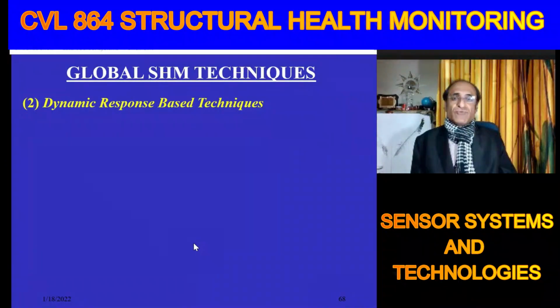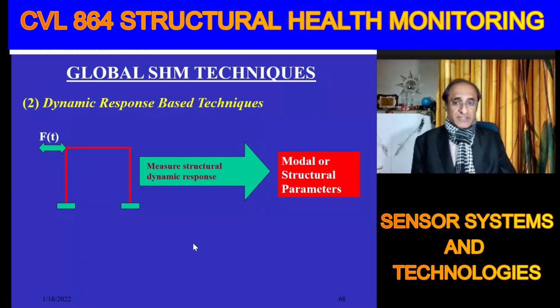Similarly we have dynamic response techniques. These are easy, because to make something vibrate you don't need a very high force. For example, if you are walking on a pedestrian bridge, like a foot crossover bridge, just jump on top of it and you will make the structure vibrate.